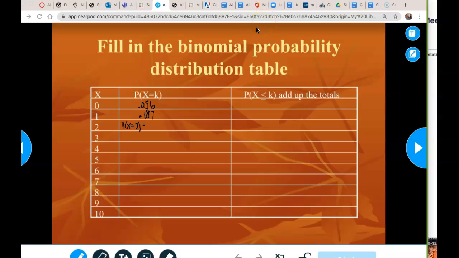Mr. Silver, the P in the equation is probability of success? Yeah, which is 0.25. Okay.